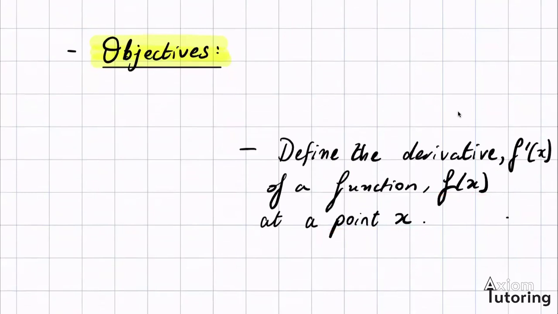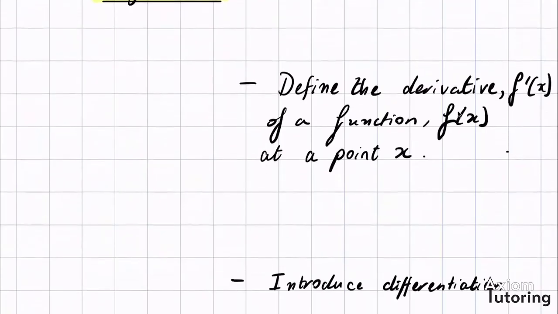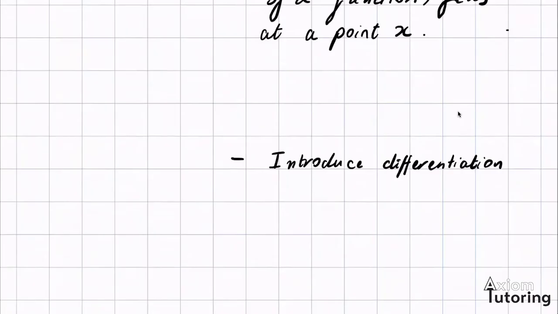We're just concerned with the general definition, and we will look at the expression from first principles in the next video. So we're just going to give a word definition for our derivative f dash of x. And we're also introducing differentiation.